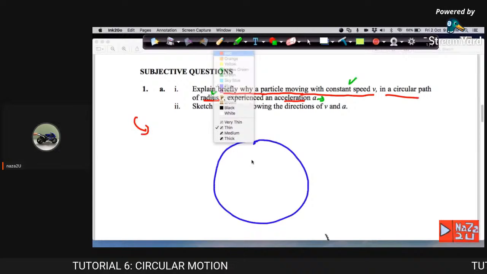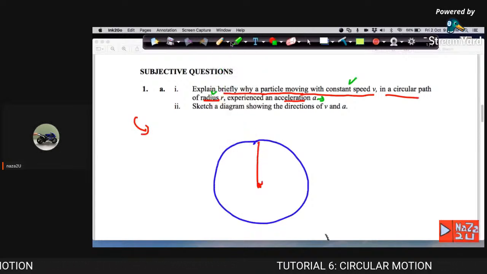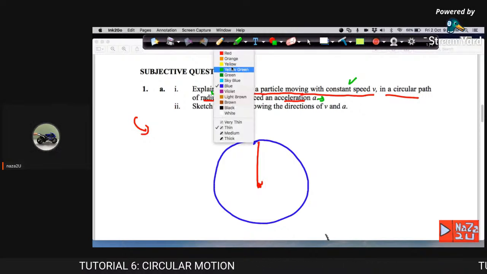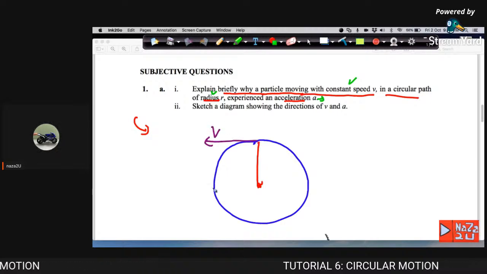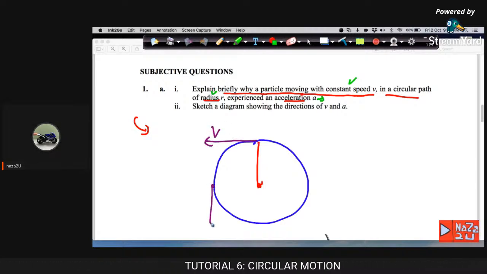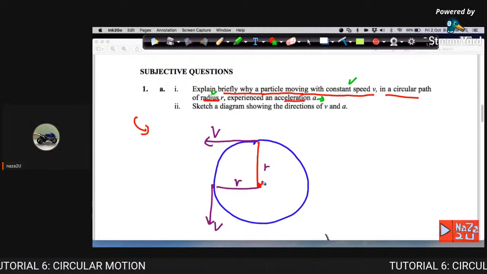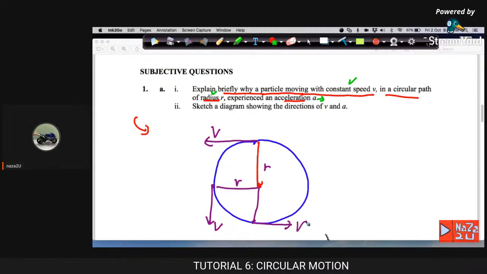And next we have this is the center and this is the radius. If you have the tangential velocity, tangential is always 90 degrees to the radius r. So let's say this is v. Here we have a v direction downward, and this is a radius r. Here the direction of v is to the right.